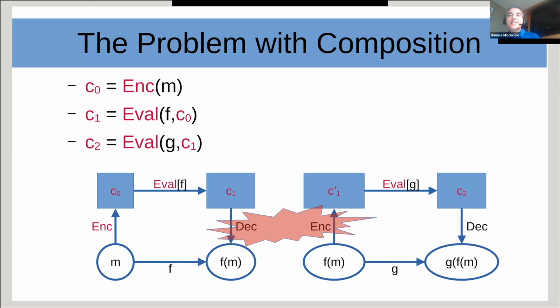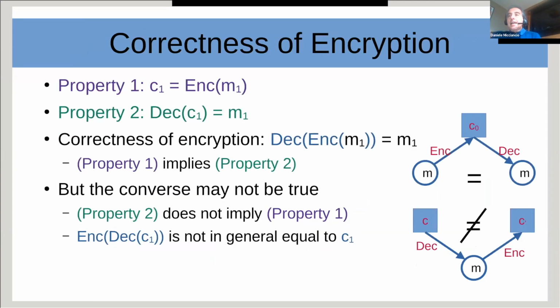Now, these two things may seem almost the same, but they are quite different. And it's easy to see that of the two properties, property 1, C1 is an encryption of M1, and property 2, C1 decrypts to M1, one of them implies the other one. That's because if you take a message M, you encrypt it and then decrypt it, from the correctness properties, the final result of decryption will be equal to the original message.